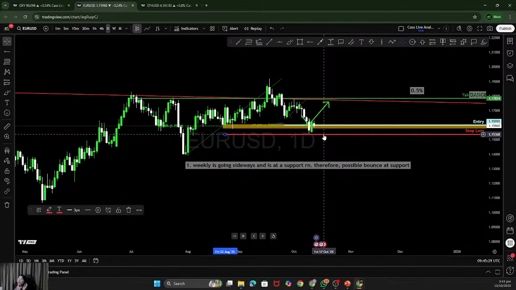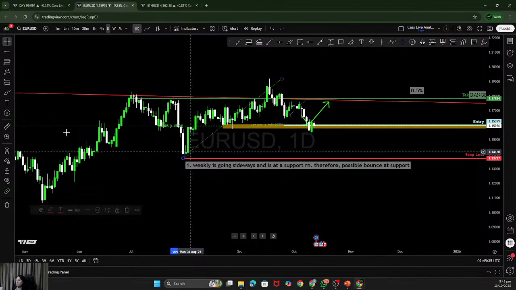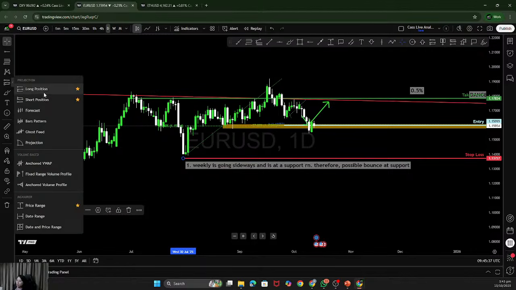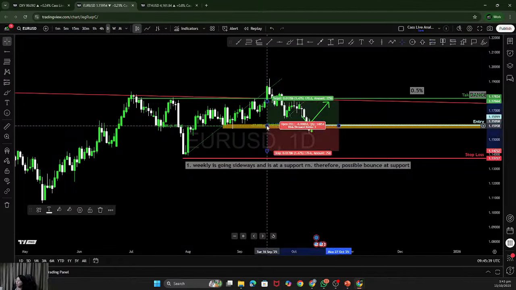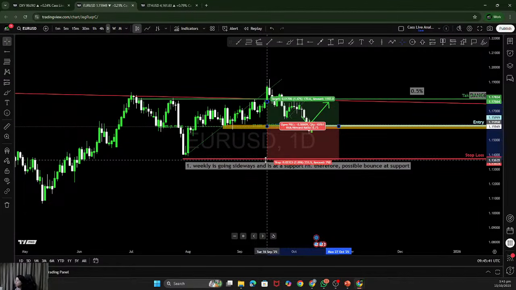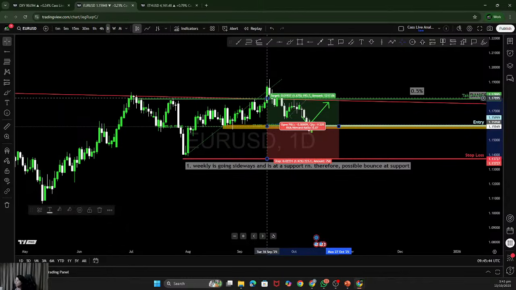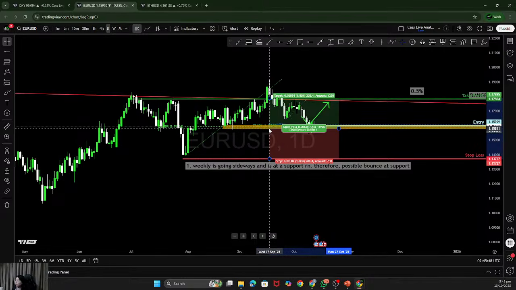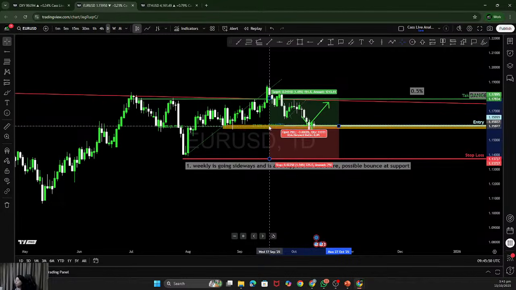So you can be as safe as you can, but not too safe to the point that it doesn't make sense anymore. If I put the stop loss here, I'm very safe, but my risk to reward just doesn't make sense anymore, because then I'm trading a 0.87 risk to reward. Even if I put in a very good entry, it's only a 1-to-1.